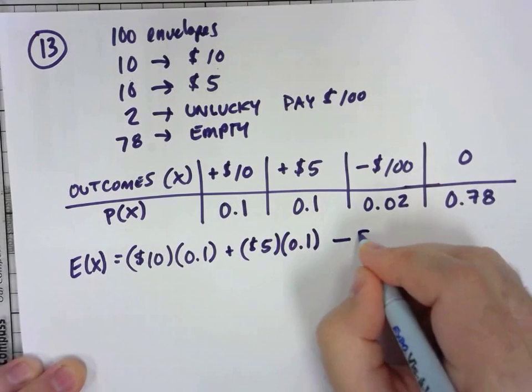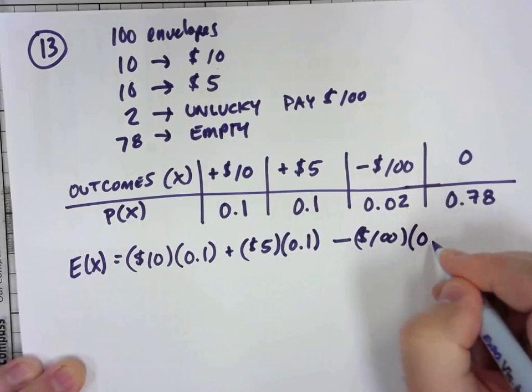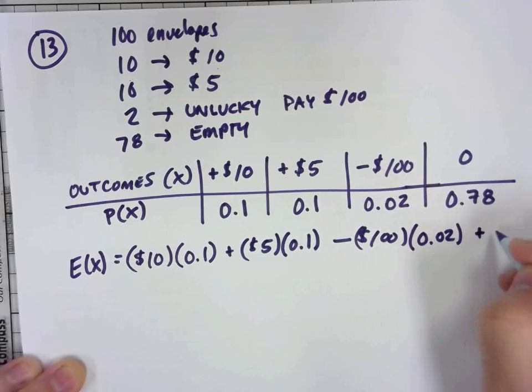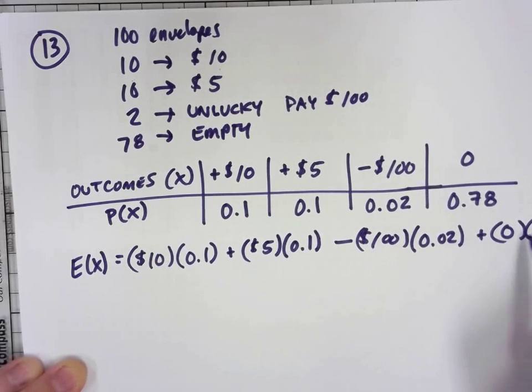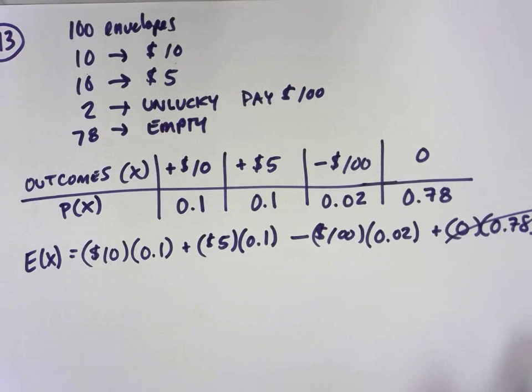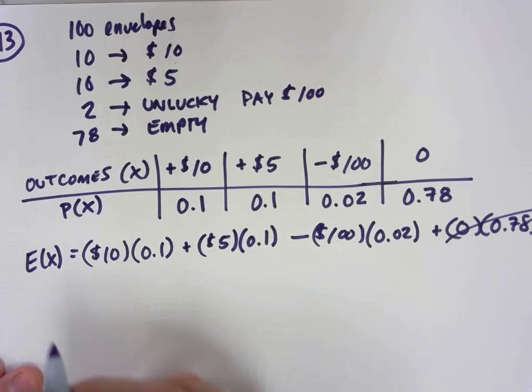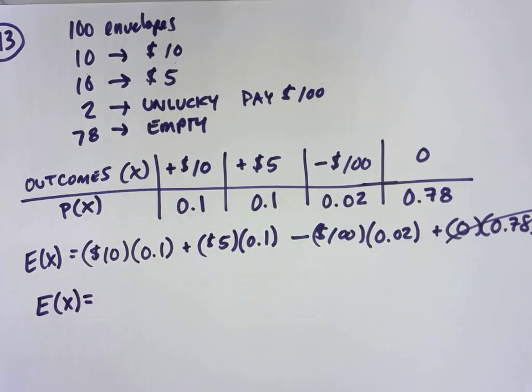Then you're losing $100 times 0.02, and then 0 times 0.78, which obviously that whole term goes to 0 over here. Okay? So then what is the expected outcome for this game? You just add it up.